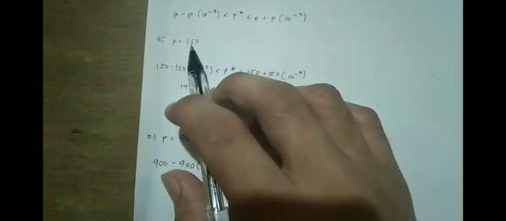So let's answer the letters for number 3. The value of P for A is 150, so we have to fill in 150 in this formula.